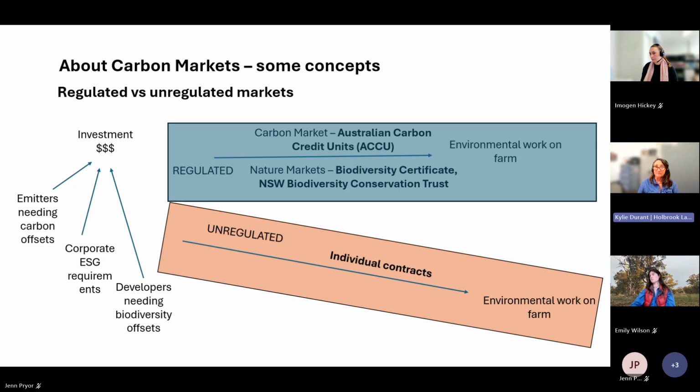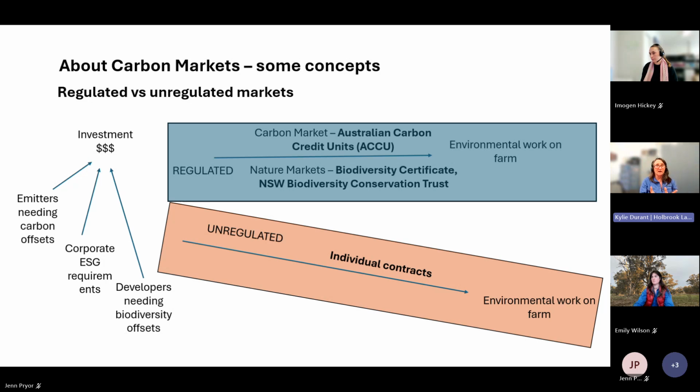And sometimes the mechanisms for that might not be through the ACCU program or any of these regulated systems. We've seen a couple of examples recently of companies or organisations that are aggregators for all these companies who want to put money in.